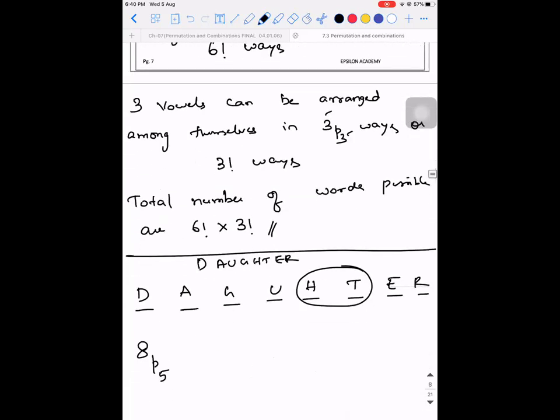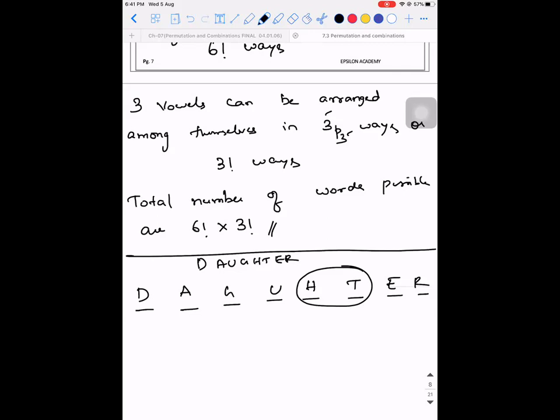So tell me, how can we do it? See, now what can you do?